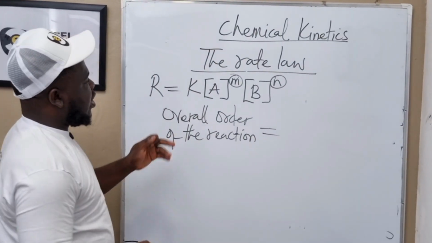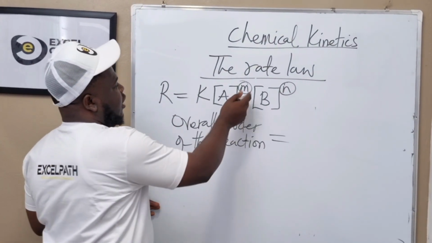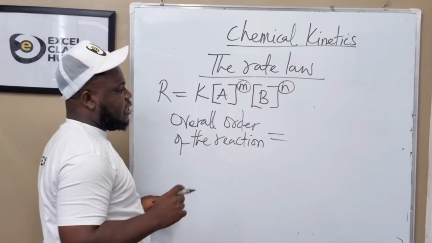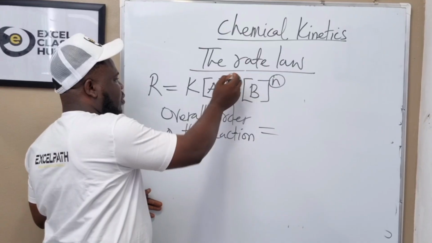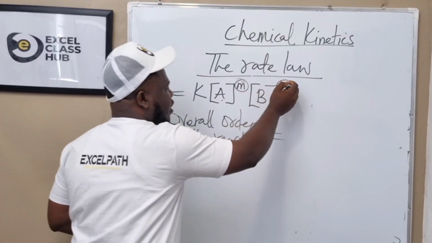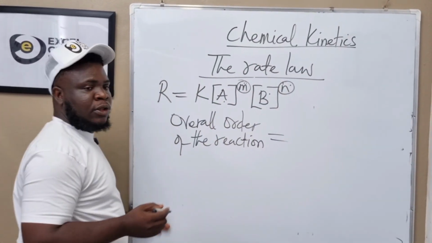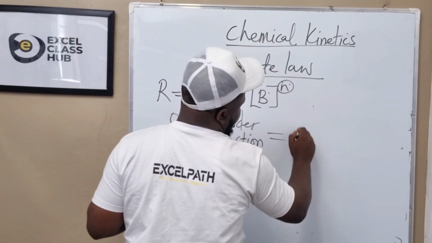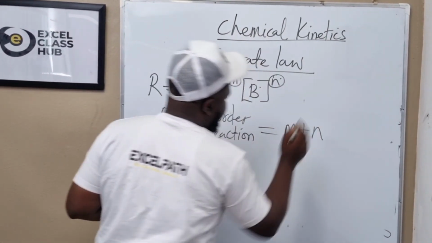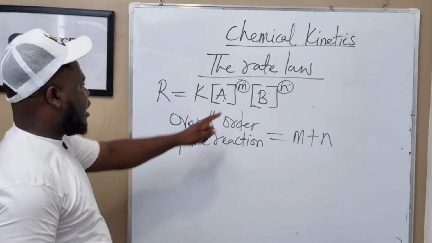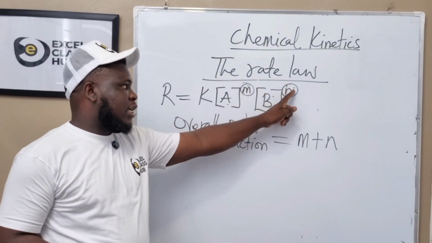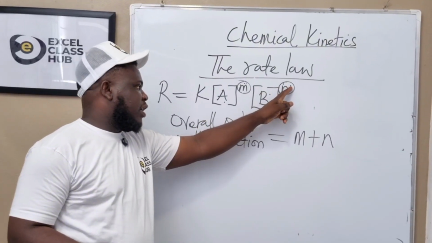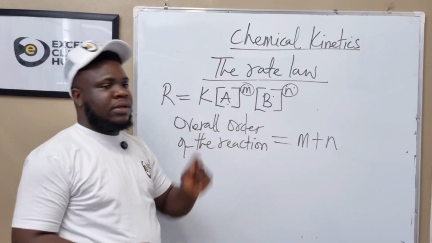The overall order of the reaction is always an addition of whatsoever you find here and whatsoever you find here. That is the order of the reaction with respect to A and the order of the reaction with respect to B. So in this case, the overall order of the reaction will be equal to M plus N.